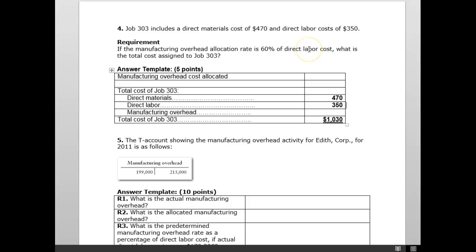And they're saying manufacturing is 60% of the direct labor cost. Well, you know how to do that one. You just take 350 times that 60%, and you should have the correct number, and it should all add up to 1,030.